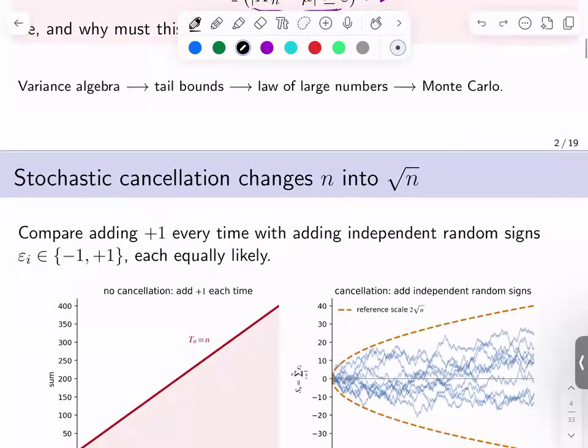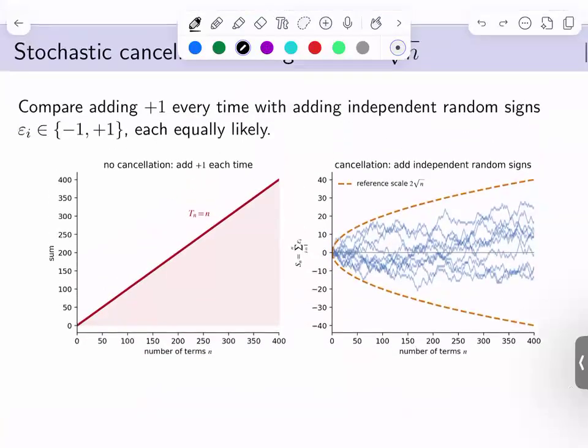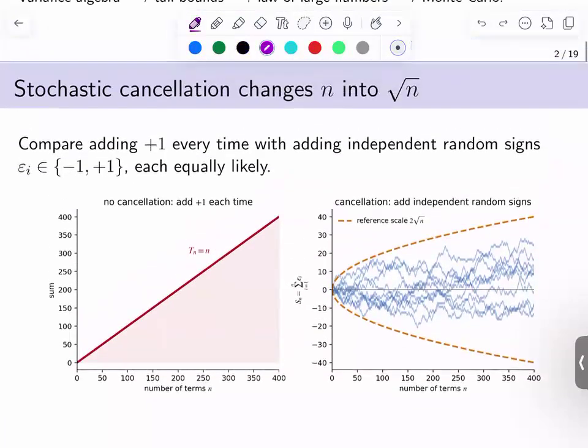This leads to a bunch of interesting results. Another way of seeing it is to look at Sn, the summation from i equals 1 to n, so x bar n is really Sn divided by n.